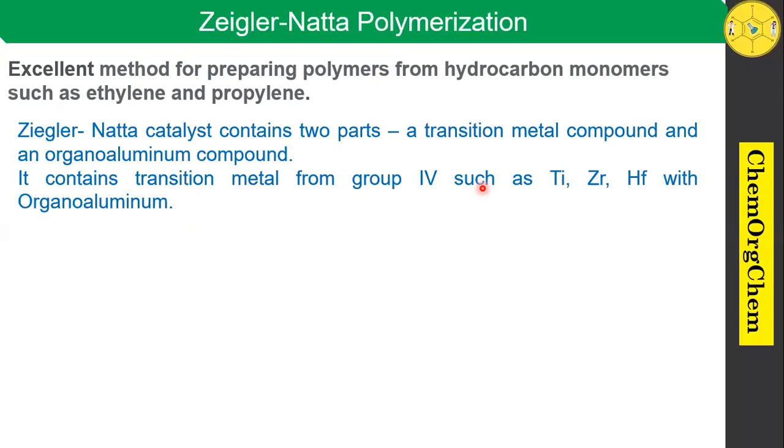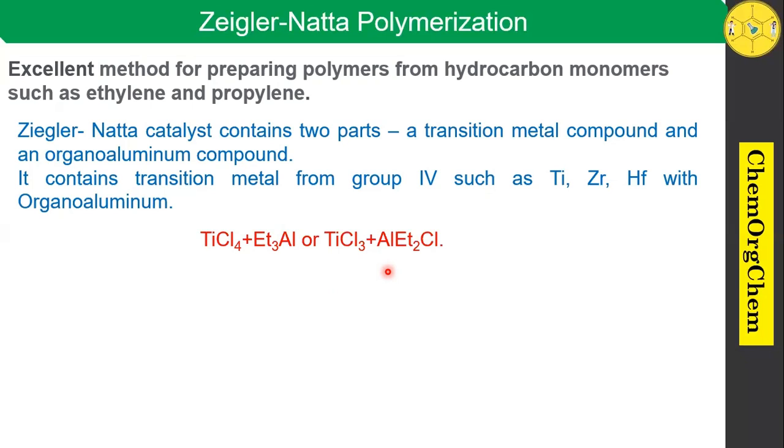Especially for the transition metal compounds, we can use group 4 elements such as titanium, zirconium, and hafnium, along with organoaluminum. So here you see the common Ziegler-Natta catalysis. Either you can use titanium tetrachloride with triethylaluminum, or titanium trichloride with diethylaluminum chloride.